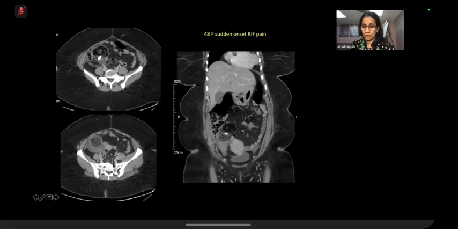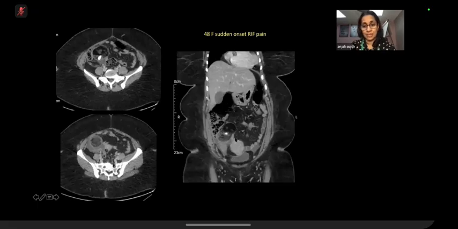Okay. So if you have seen an adnexal mass and you've identified it as a dermoid cyst, and with the history of sudden onset severe right iliac fossa pain, it shows adjacent fat stranding and significant fluid, then that is sufficient to call it a torsion of adnexal mass, a torted dermoid cyst.